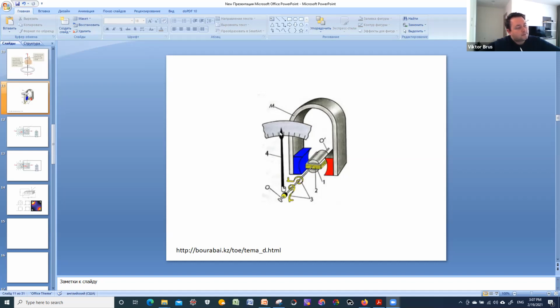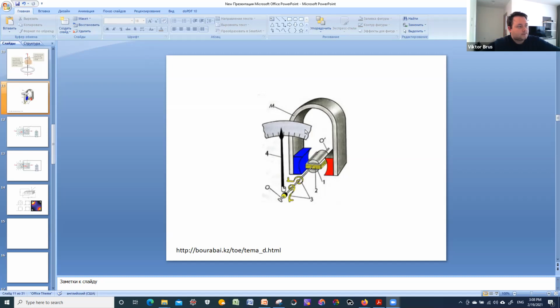And this magnetic torque compensates the torque created by springs. And this arrow attached to the shaft starts to deflect by certain angle, which is directly proportional to the magnetic torque exerted on the coil with measured electric current.